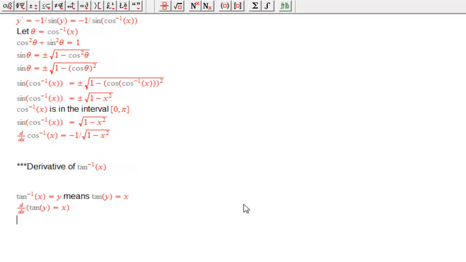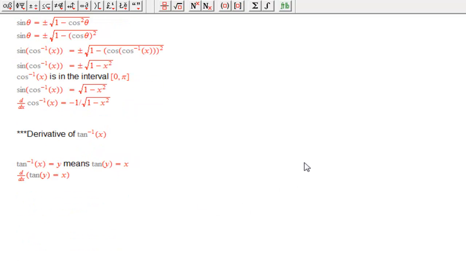Well, on the left side we have the derivative of tangent, and the derivative of tangent is just secant squared. So I have secant squared of y times the derivative of the inside, so that's times y prime, equals the derivative of x on the right side, which is 1. So y prime is 1 divided by secant squared of y.